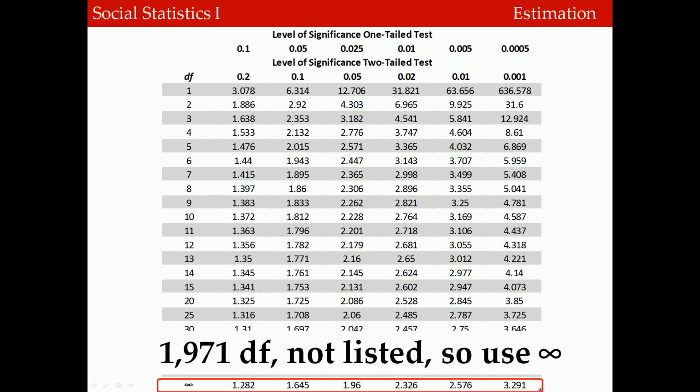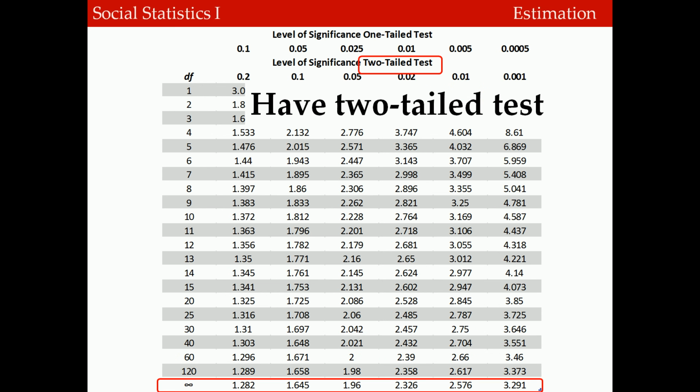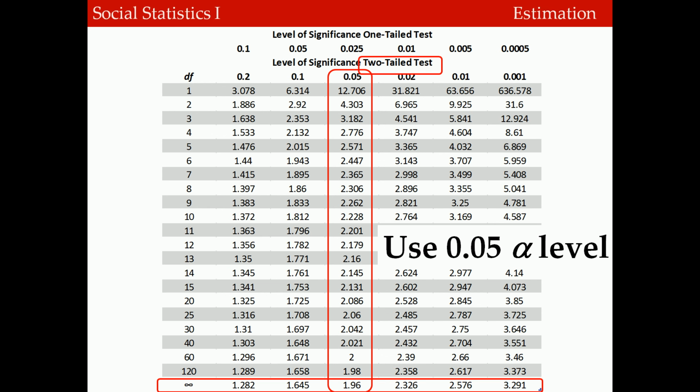We have 1,971 degrees of freedom, which is equal to the number of cases minus 1. But that's not listed, so we'll just use the last column of the table, the infinity column. Now we have to find our alpha level, and whether we have a one-tail or two-tail test. Recall that we have a two-tailed test because we have a non-directional hypothesis, and a 0.05 alpha level.